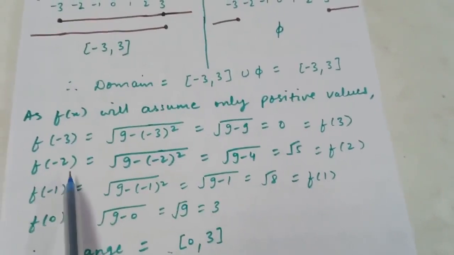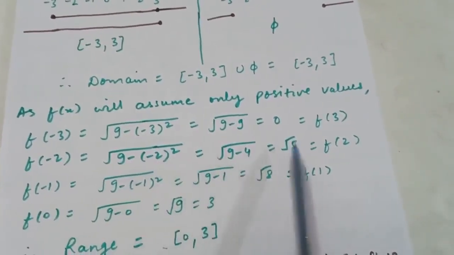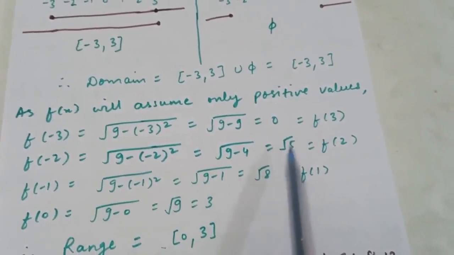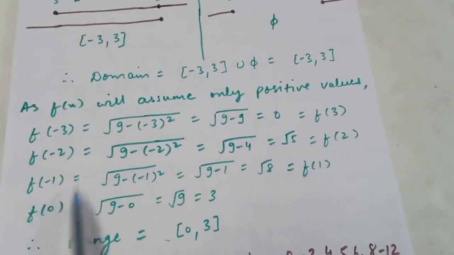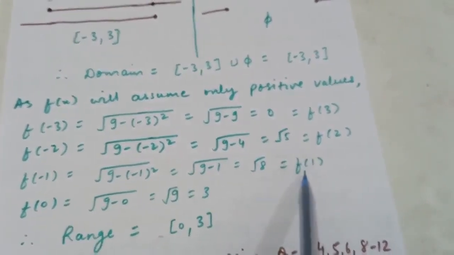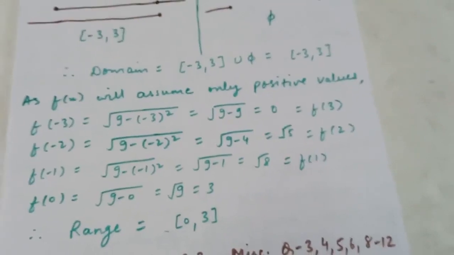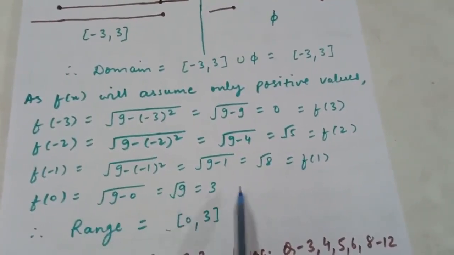Now f of minus 2, 9 minus minus 2 whole square. So we will get root 5, which is equal to f of 2. Similarly, f of minus 1 you will get as root 8, which is equal to f of 1. Next is f of 0, root 9 minus 0, root 9, which is 3.